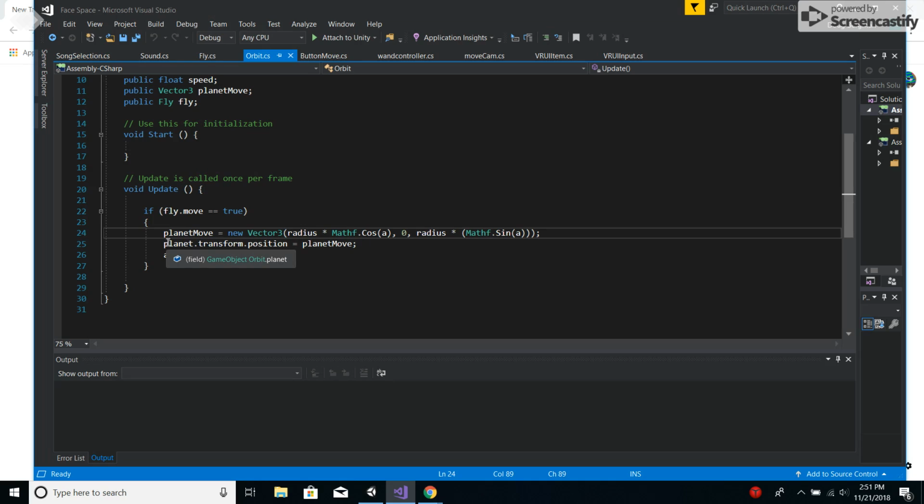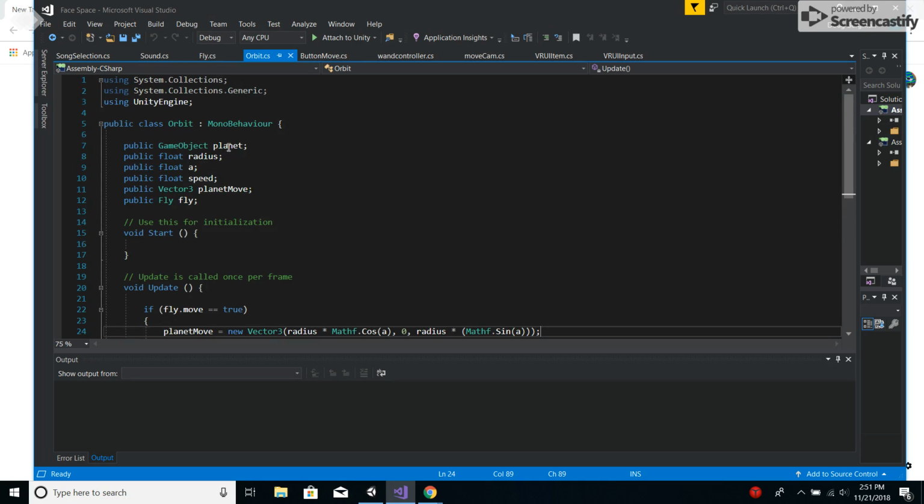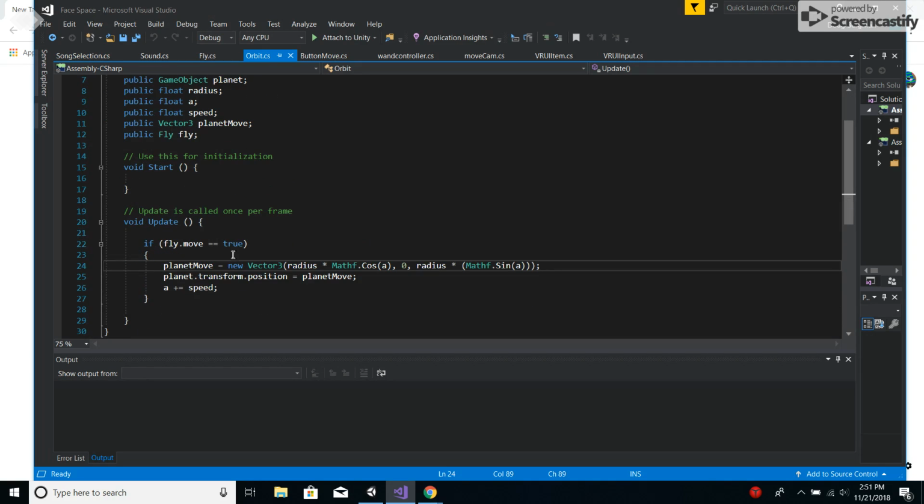And then I said, okay, the planet's position, that planet that I defined up here, is going to be set to that vector. And then the angle is always going to be increasing by the planet's velocity. So it just keeps getting bigger and bigger, and it's moving around in a circle like so.